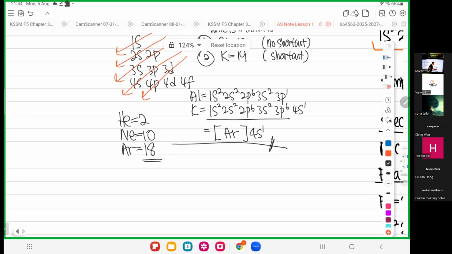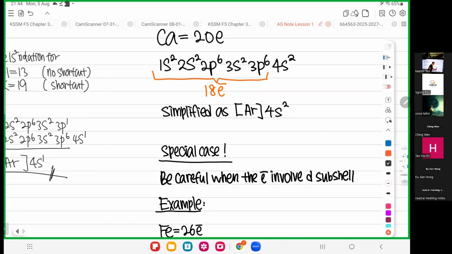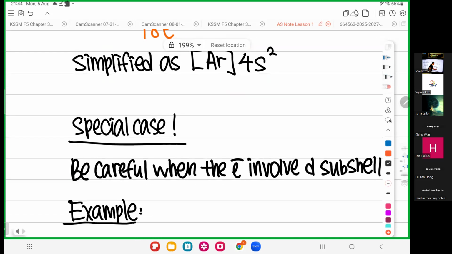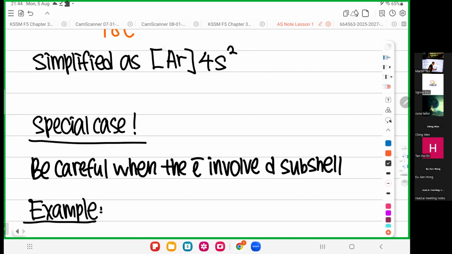Now I hope everyone gets a rough idea of what the 1s2 notation is. Let's go on a little bit more. Now we will start to learn some special cases. Be very, very careful when the electron arrangement involves the d subshell.